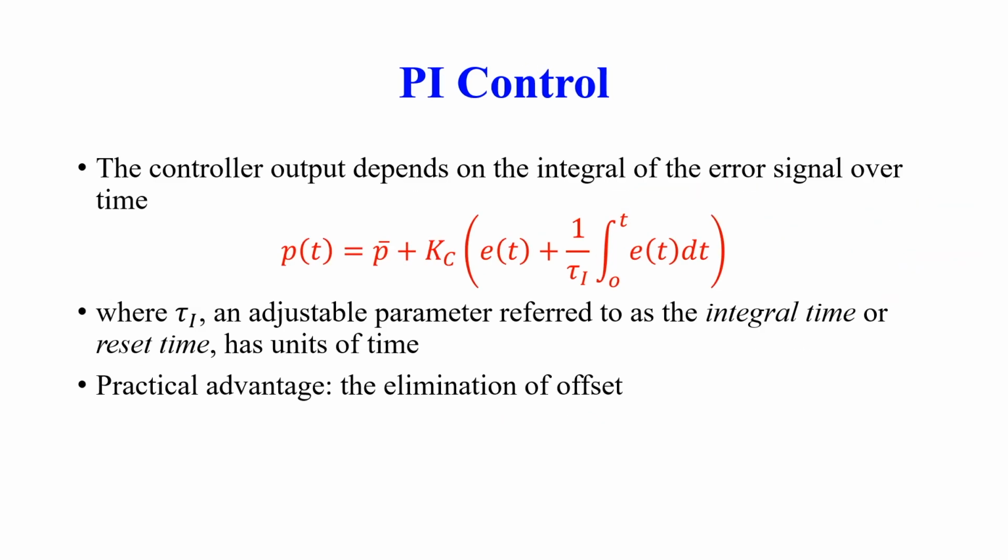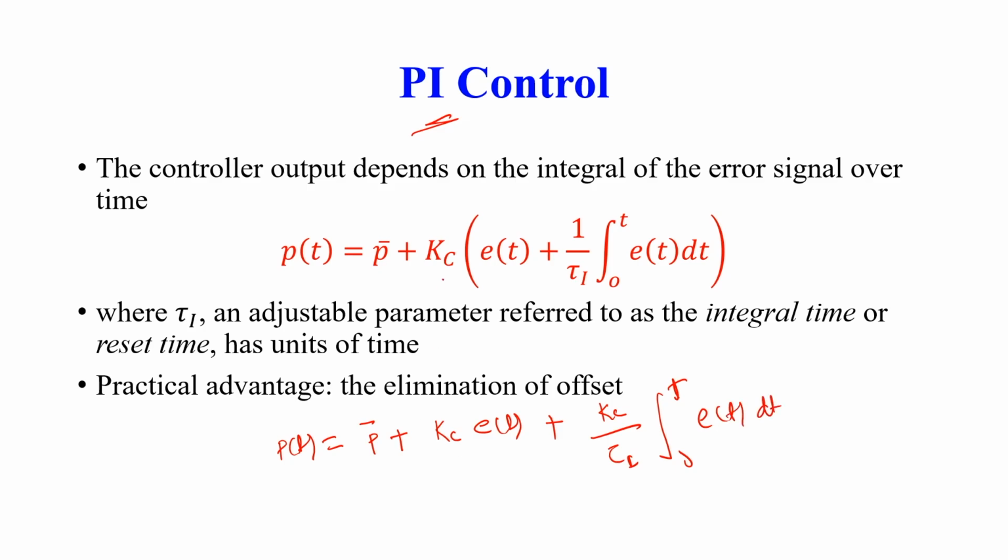Now, it is possible to add this proportional and integral control. So, it becomes P(t) is p bar, the steady state value, plus, in the case of proportional control it was Kc into E(t), in the case of integral control it is Kc upon tau I integral from 0 to t of E(t) dt.